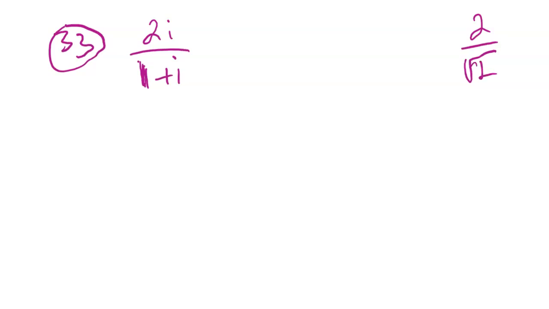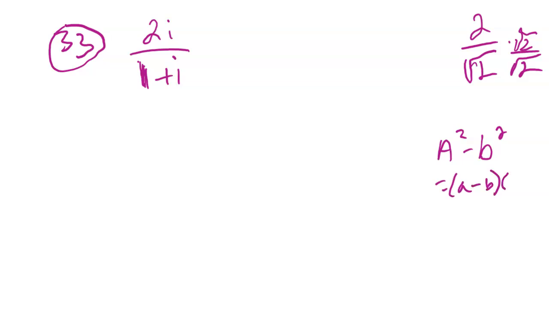Traditionally, we were taught to multiply the top and the bottom by itself, you get a perfect square down there, and then you can get rid of the square root. But we're going to use the idea that a squared minus b squared factors into a minus b times a plus b, so that we get a difference of two squares. Because if we square everything, then we're not going to have an imaginary number. The imaginary number kind of goes away.